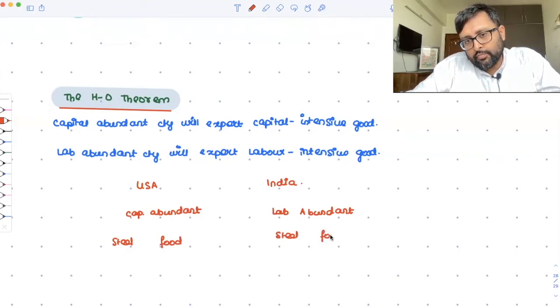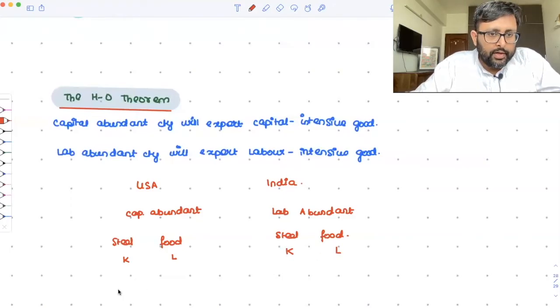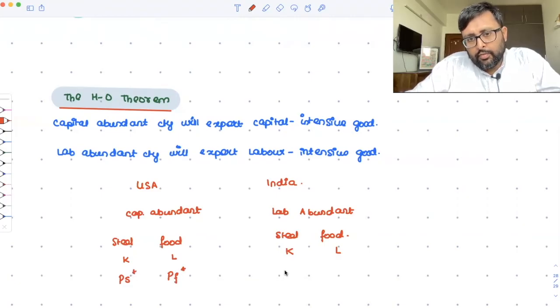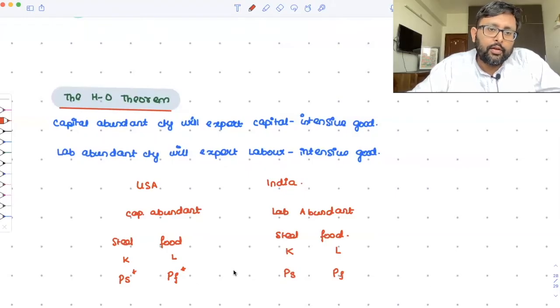Steel is capital intensive, food is labor intensive, right? The price of steel is PS, the price of food is PF. Let's say PS star, PF star for the US. And the price of steel in India is PS, the price of food in India is PF, right?